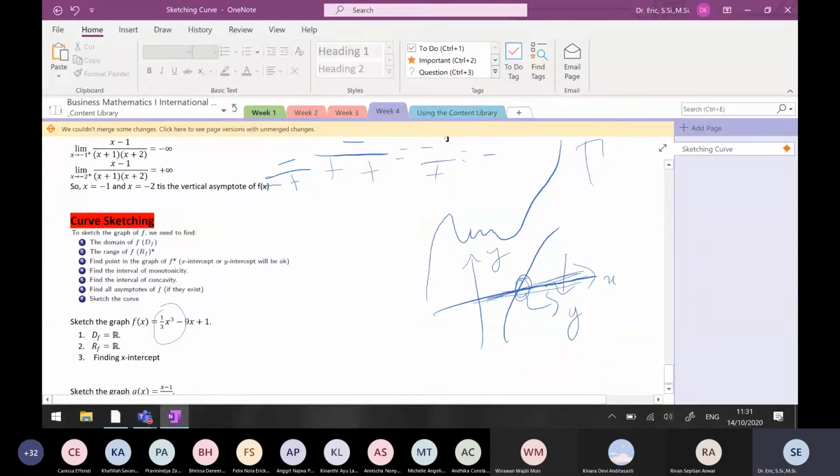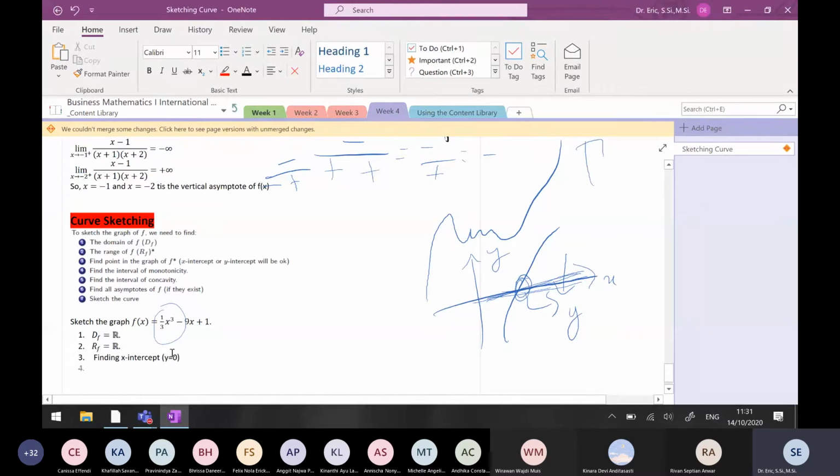You want to find the x-intercept. What is the height here? 0. Very good. So when you are finding the x-intercept, you have to set y to 0.